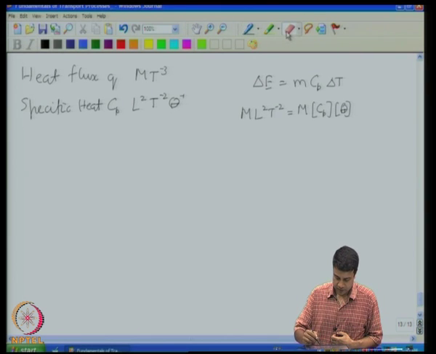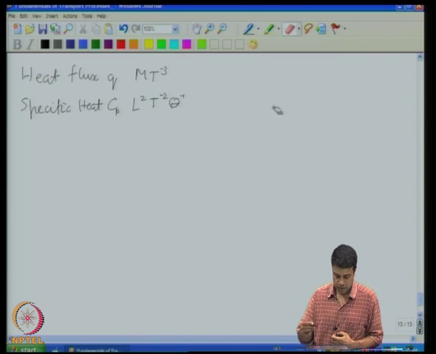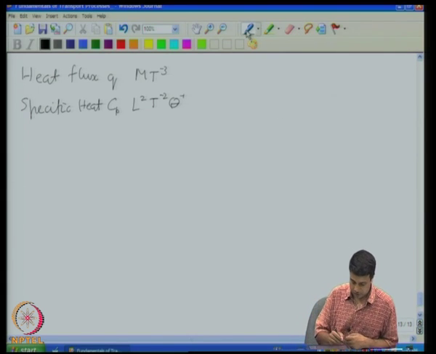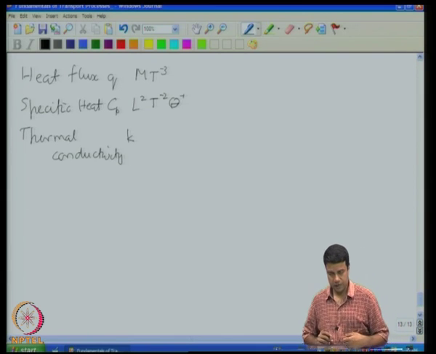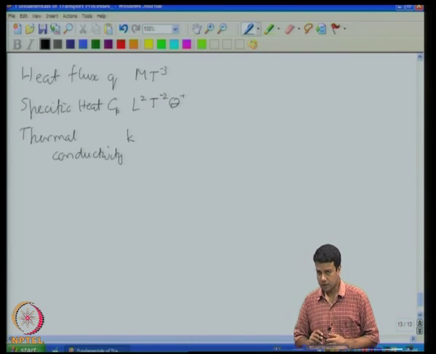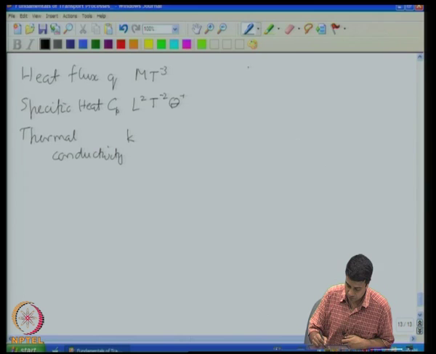And the other quantity of interest in heat transfer is the thermal conductivity, denoted by the symbol K. The thermal conductivity can be obtained from Fourier's law for heat conduction.